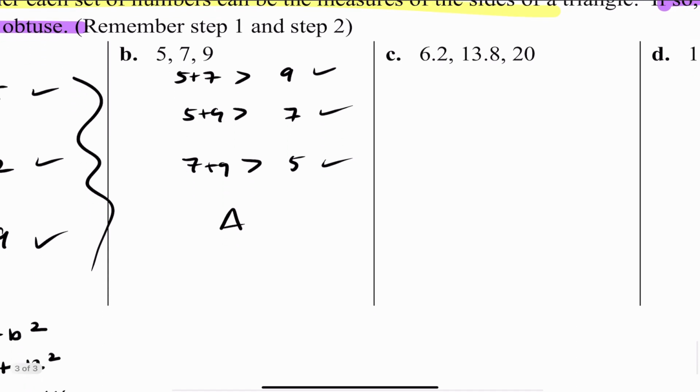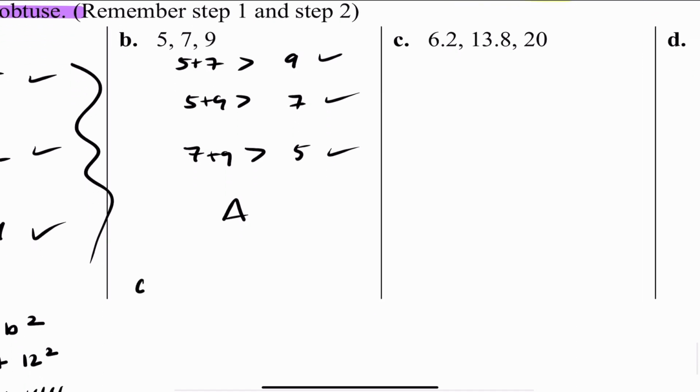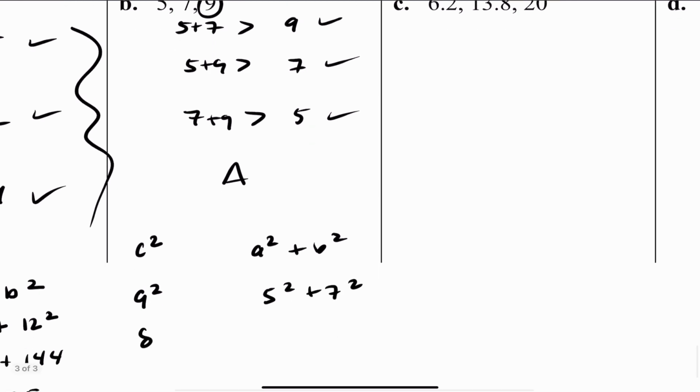Now, what type of triangle is that? Again, I'm going to do c squared, and then a squared plus b squared on the right-hand side. What is c? c is the longest side, so that should be 9. So 9 squared compared to 5 squared plus 7 squared. That's 81 on the left-hand side, and 5 squared plus 7 squared, if I put that in the calculator, gives 74.